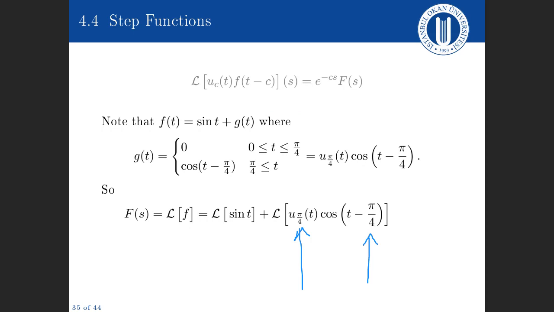The formula says this is going to be equal to e to the power minus cs, that's e to the power minus pi over 4 s, multiplied by the Laplace transform of f, or in this case, multiplied by the Laplace transform of cos t. We know the Laplace transform of sine t, we know the Laplace transform of cos t.